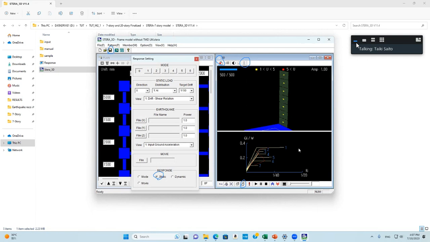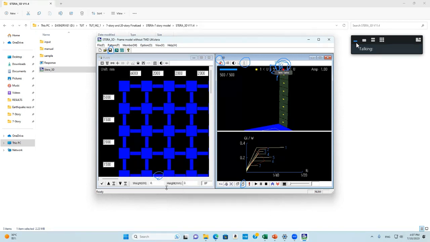Then you can put the TMD at the top. Maybe you put some floor and some damper element and elastic element.